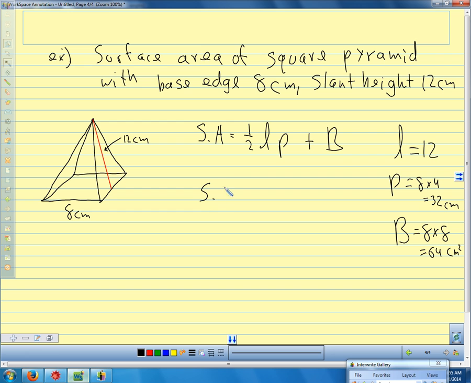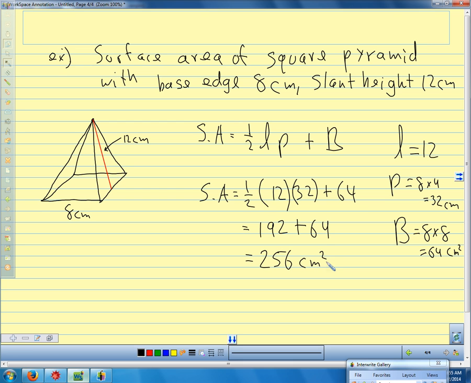So I plug everything in. Our surface area is 1/2 times 12 times 32 plus 64. Half of 12 is 6. 6 times 32 is 192. And we get that this equals 256 square centimeters for our surface area.